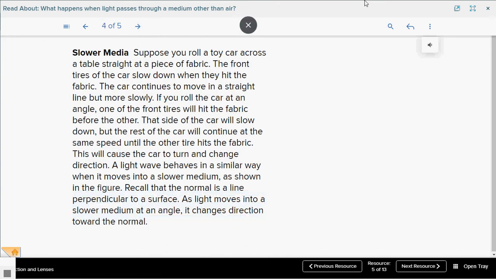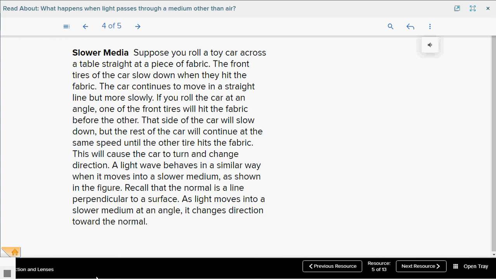Slower media. What's meant by slower medium? Suppose you roll a toy car across a table straight at a piece of fabric. The front tires of the car slow down when they hit the fabric. The car continues to move in a straight line, but more slowly.